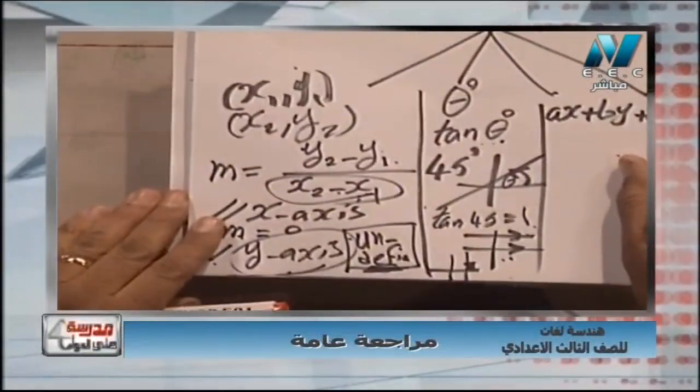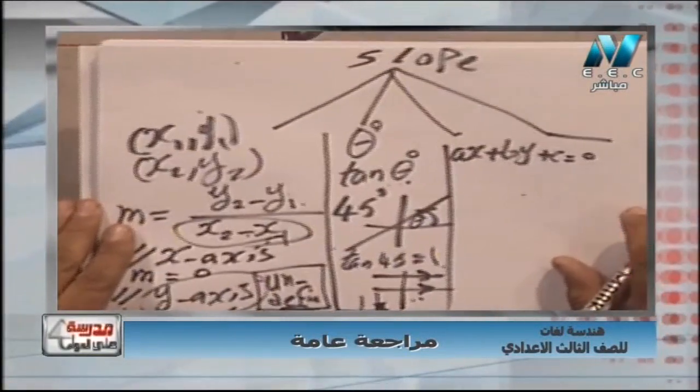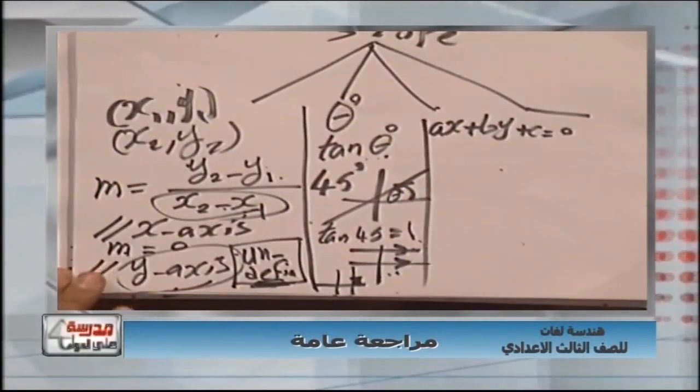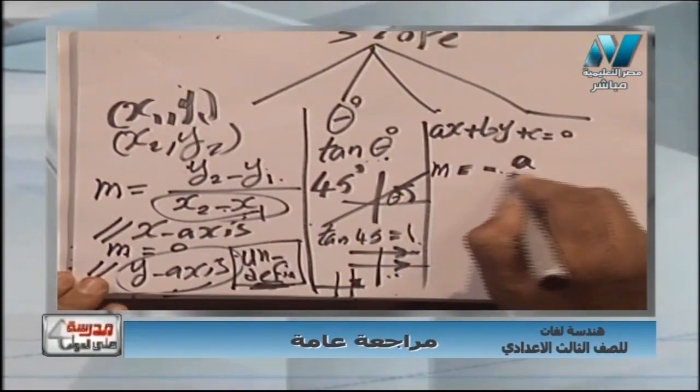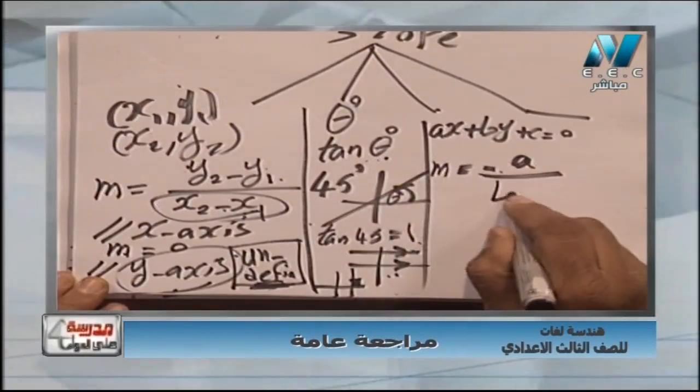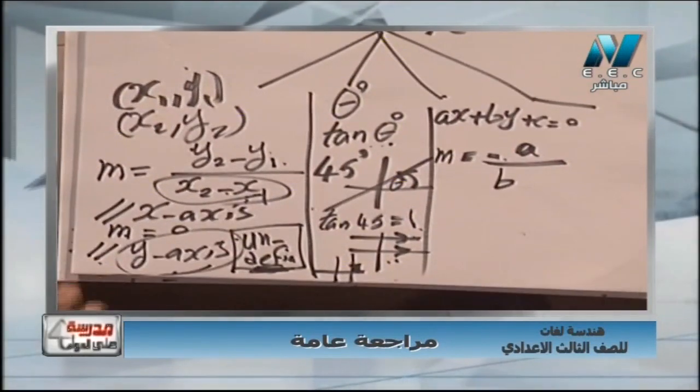The first one is when we have x and y on the same side: ax plus by plus c equals 0. Then the slope equals negative the coefficient of x, which is a, over the coefficient of y, which is b.